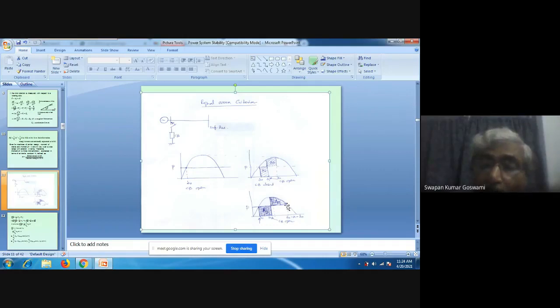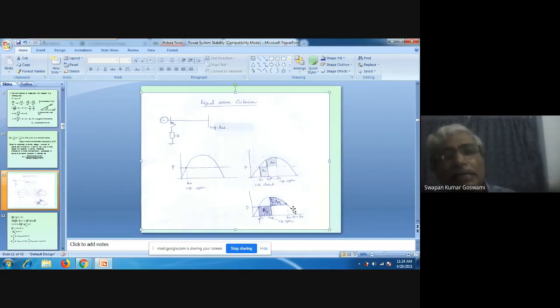What will happen after that? After that, output will become less than input. If the output becomes less than input, what will happen? The machine will accelerate again. The speed has become just equal to synchronous, but it will start becoming above synchronous again.